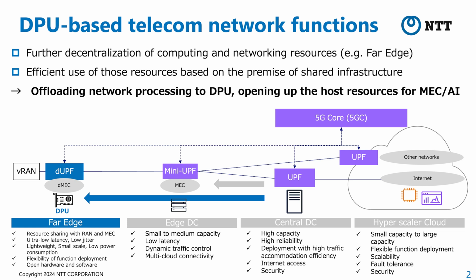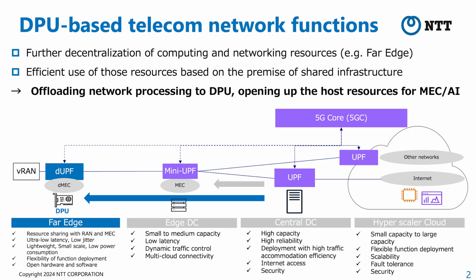So we consider NVIDIA's DPU and GPU can be controlled as in-network computing infrastructure in this far edge. And UPF will be the key function to link mobile and service domains in the far edge, as shown in this diagram. So we think it should be lightweight, high performance, energy efficient, and reliable.